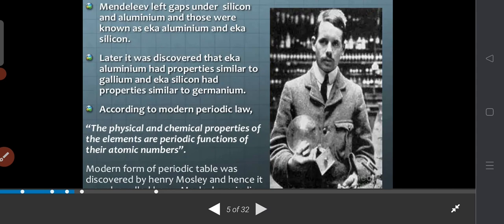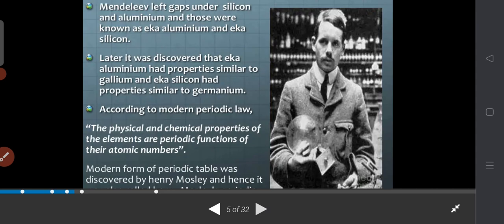After they were discovered, they were situated in those gaps.